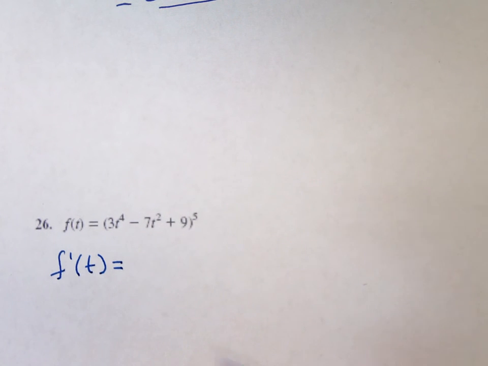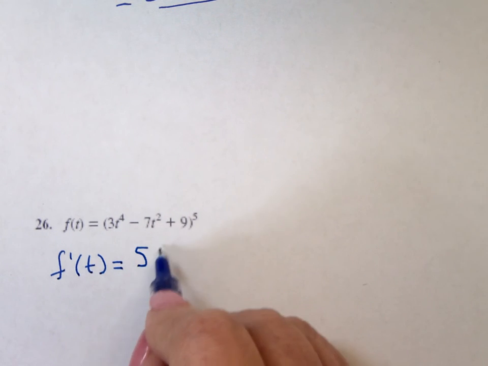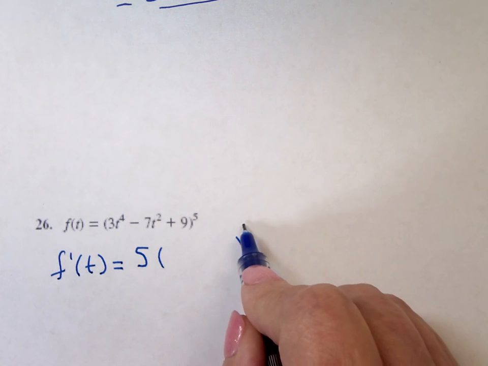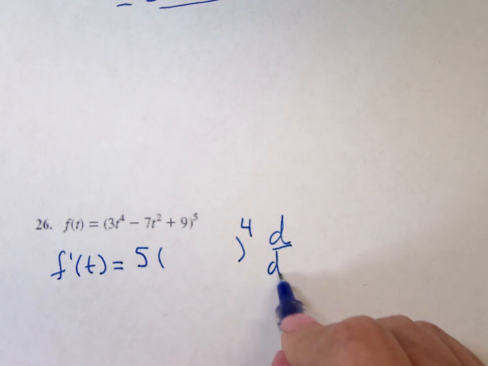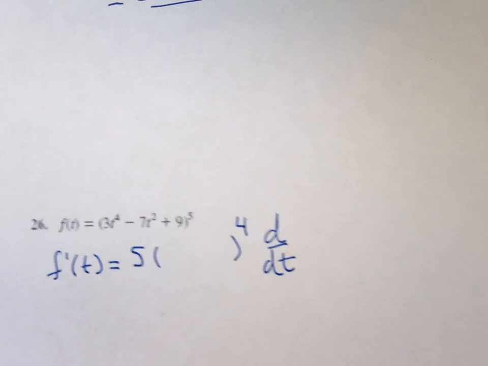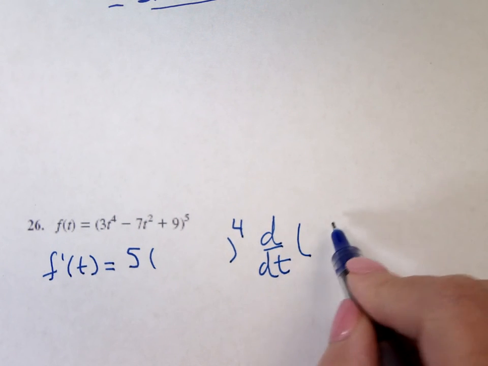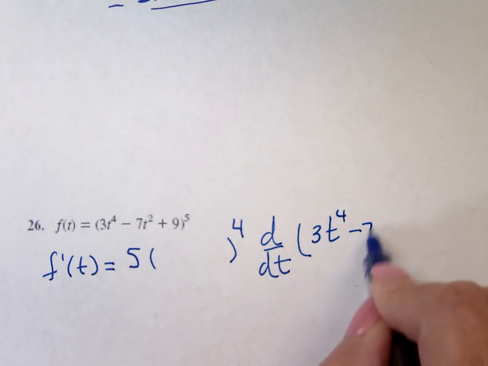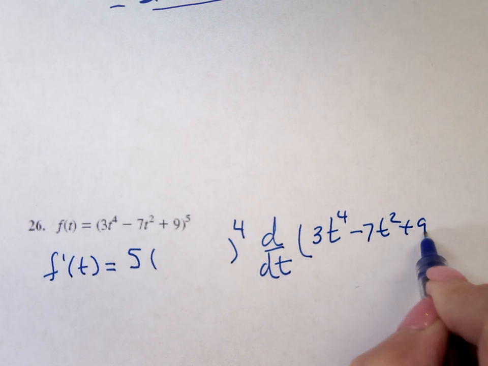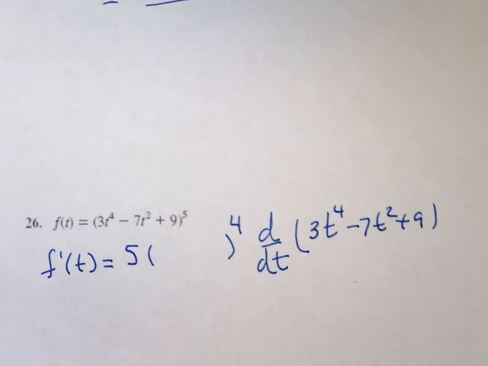F prime of t, 5 times the blob to what power? Times the derivative, but the derivative is in t, of who? 3t to the 4th minus 7t squared plus 9. Derivative of the blob, right?